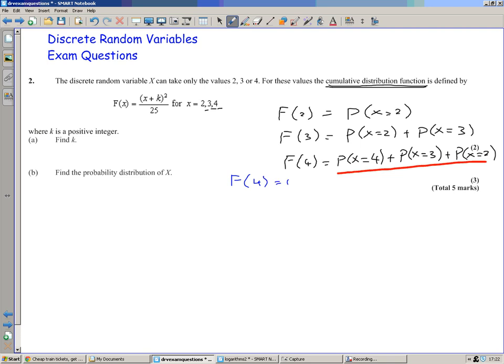So we can put that into our function. So we have (4 plus k) squared over 25 equals 1.